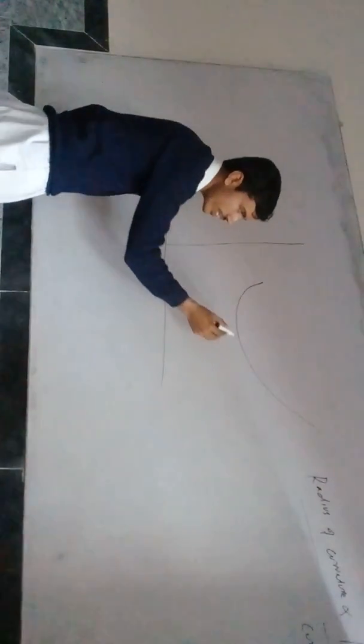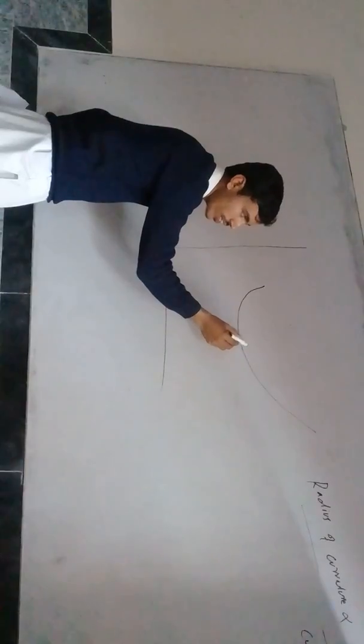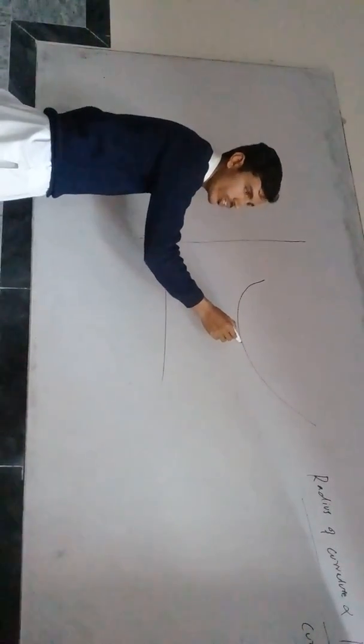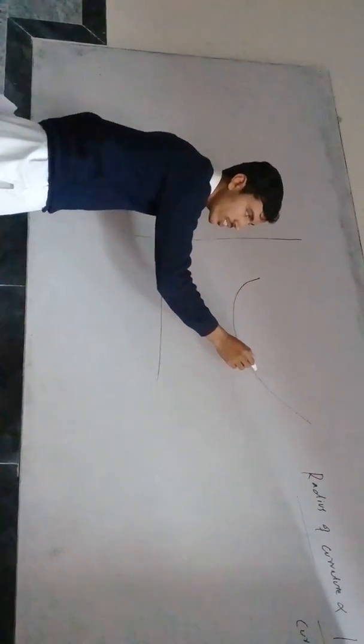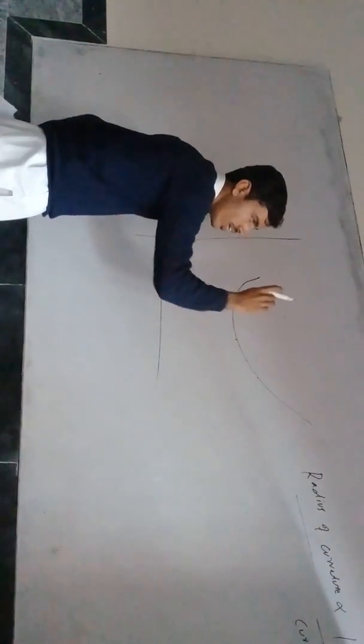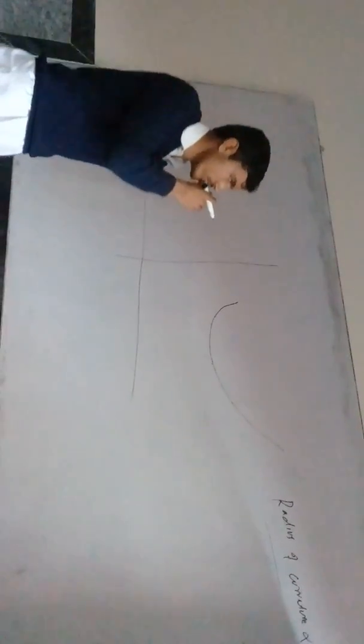If you take a point here, the curvature of the curve, the radius of the curve and the center of the curvature will be different as compared to this, as compared to this, as compared to this. Because at every point the curve behaves differently. You will get different results about their curvature, about their radius, and about their center of curvature.